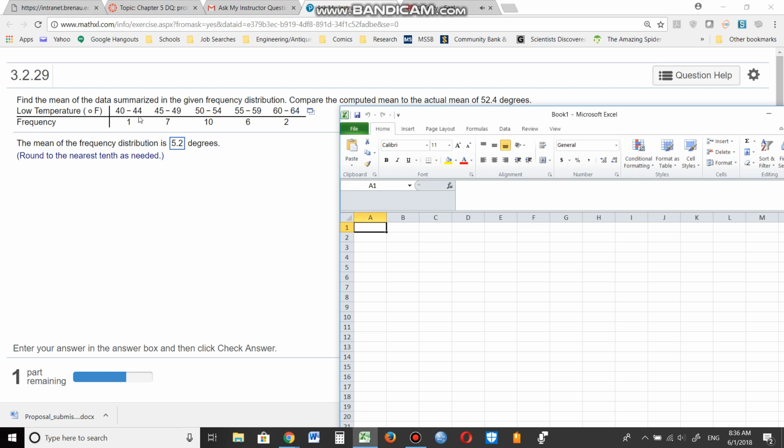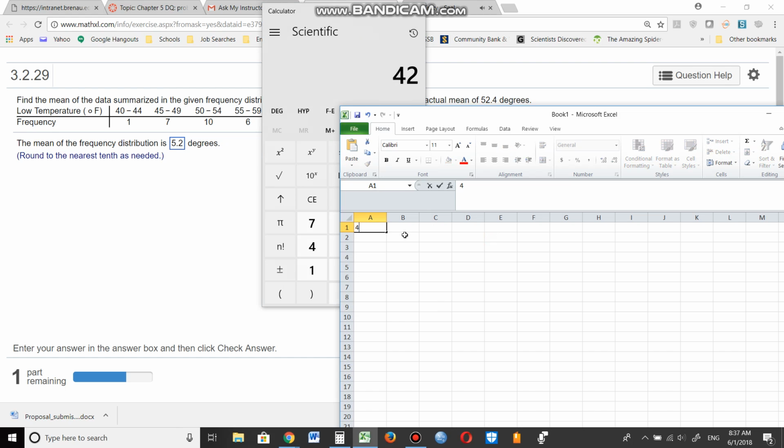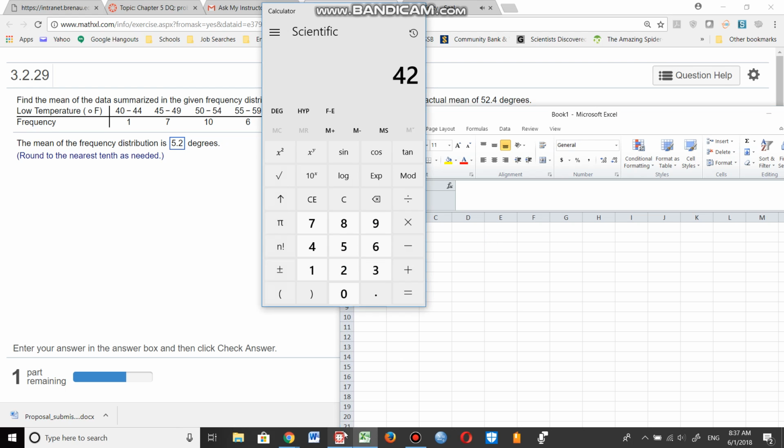So the first thing we have to do is find the midpoint of each of these class intervals. And in order to do that, we add the lower limit plus the upper limit and divide by 2. So the first midpoint is going to be 42, and then the next group is going to be 45 plus 49 divided by 2.